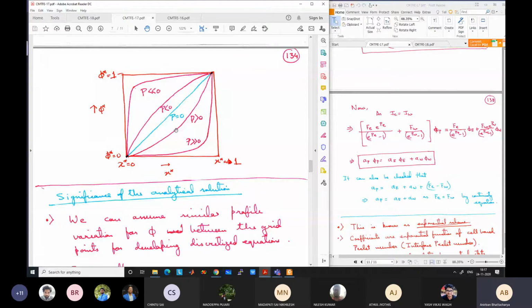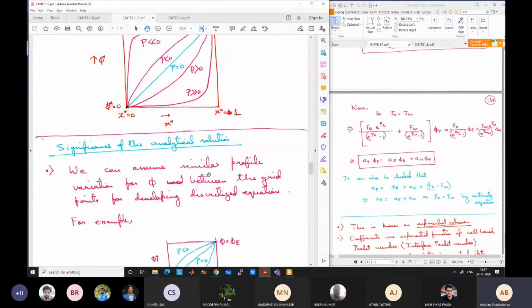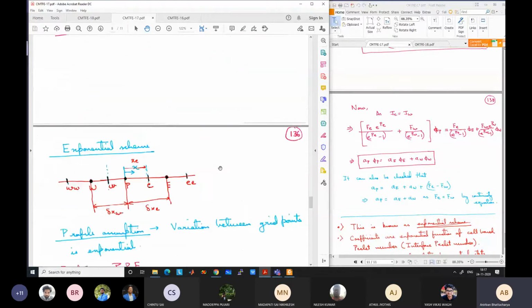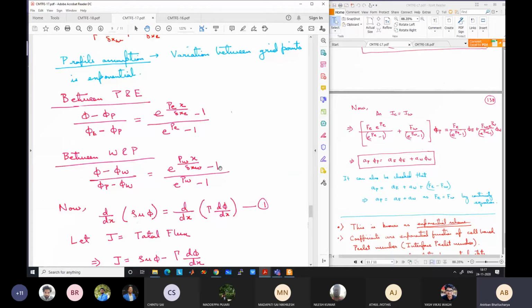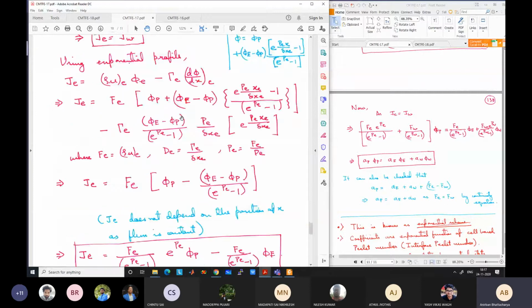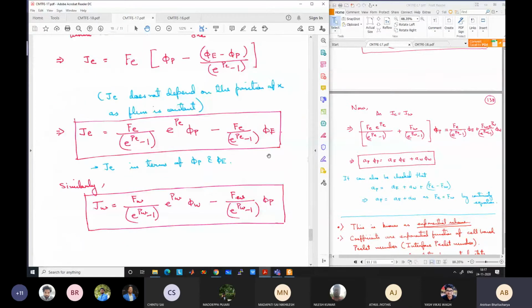So the central difference scheme is accurate for small values of P, and the upwind scheme is accurate for very large positive and negative values of P. Based on this, we devised the scheme which we called the exponential scheme, where, instead of interpolating in terms of straight lines or anything like that, we interpolated based on the actual exponential curve for the 1D equation.